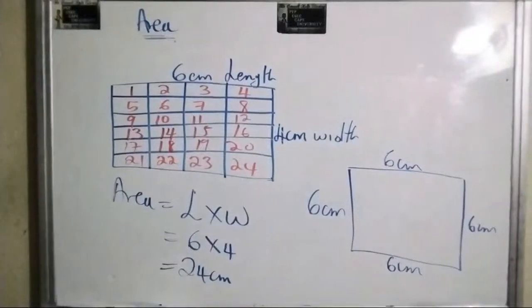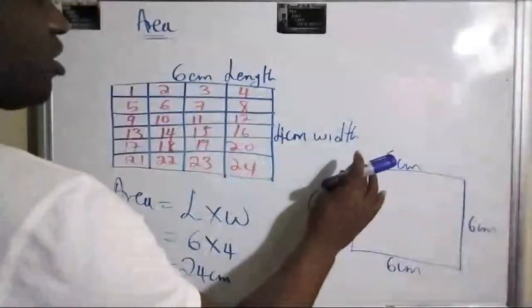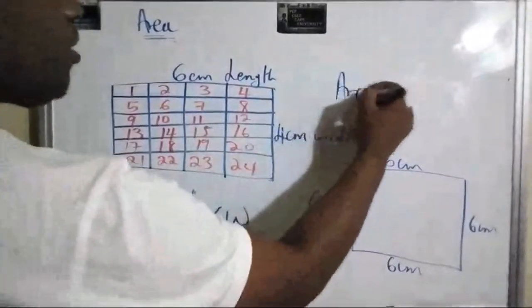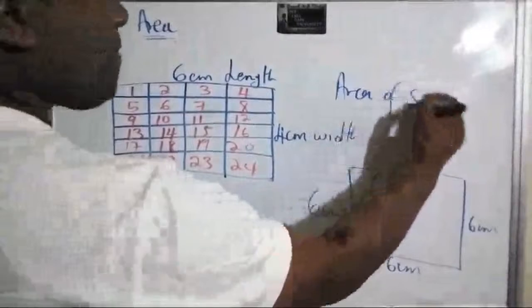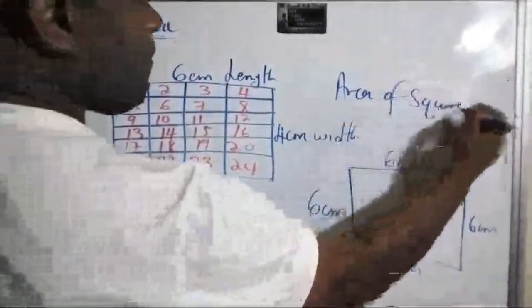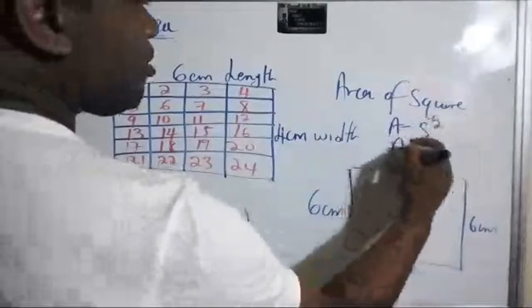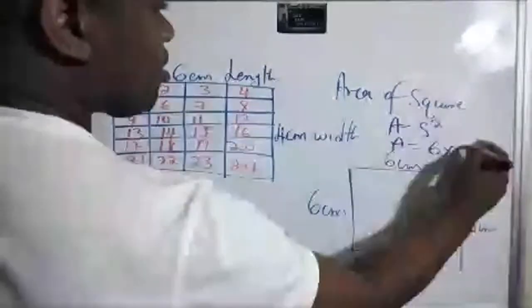Alright? All 4 sides are equal. So let us cut it up. Should we cut it up in 6? Or just do it the other way? So area of a square is equal to side square. So it will be 6 squared, which is 36.